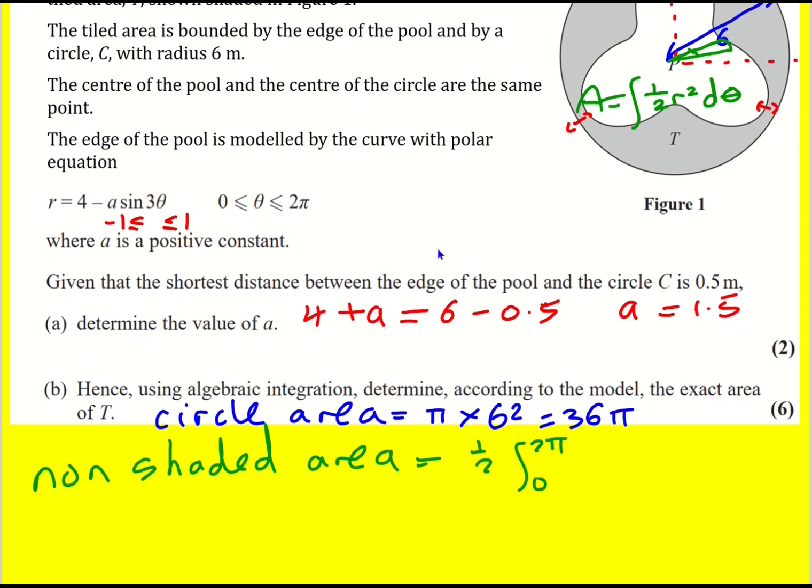Let's just keep it simple. And then it's going to be 4 minus 1.5 sine 3 theta, and remember, I'm squaring it, d theta. Okay, this is the integral that we need to find.